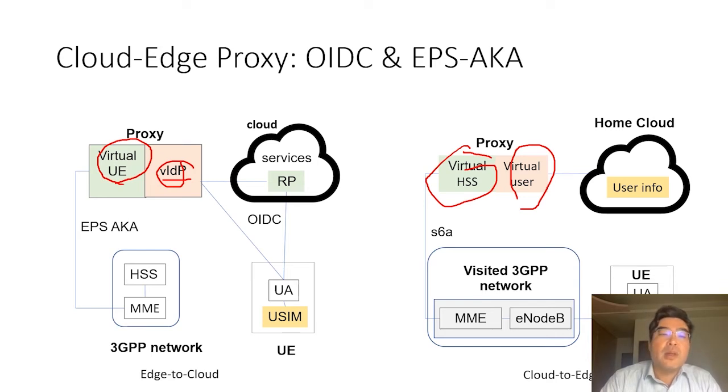So you see, among these four roles, the virtual ID provider and virtual user are the cloud protocol entities, OIDC protocol entities. And the virtual HSS, pretending to be an HSS so that the MME will talk to this guy, and the virtual UE, these two are the edge protocol entities, 3GPP protocol entities.